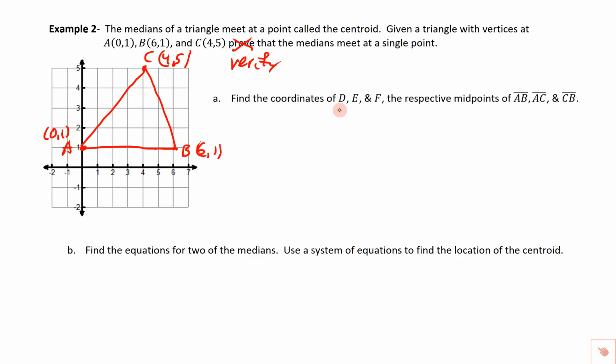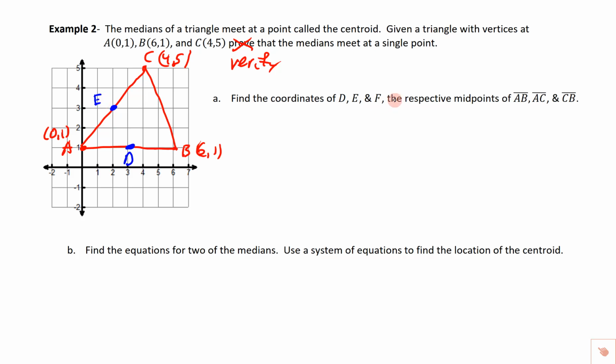It says find the coordinates of D, E, and F, the respective midpoints of AB, AC, and CB. So D is the midpoint of AB. So we're going to put D about right here. That's D. E is the midpoint of AC. So E would be somewhere around right there.